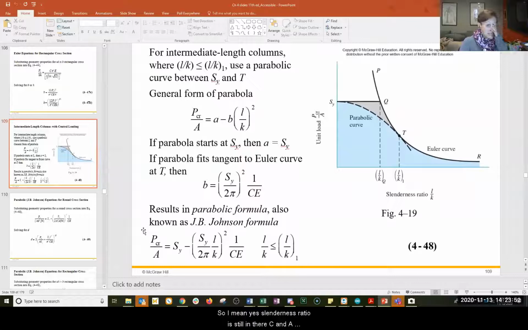So yes, slenderness ratio is still in there, C and E are still in there, but I also see that there's a strength that isn't accounted for in the other scenario. The other one is only looking at how slender it is and how flexible it is, right? Interesting. Thank you. Yeah, absolutely.